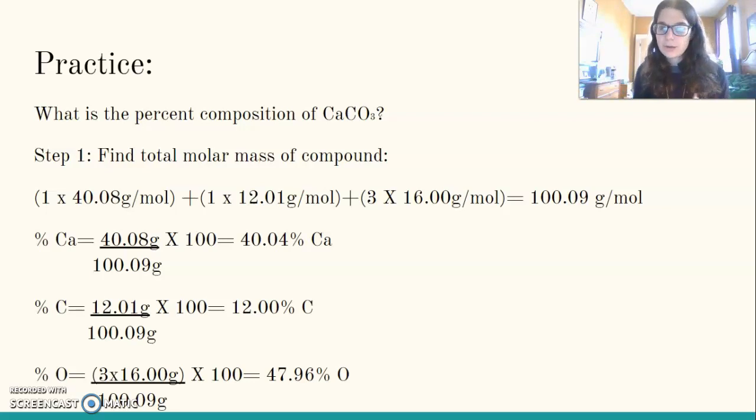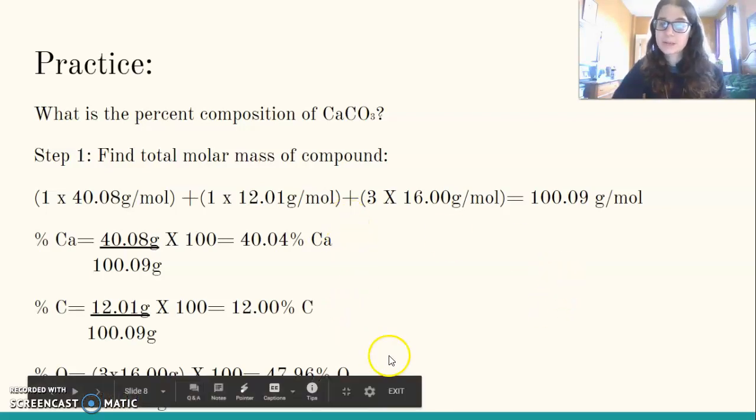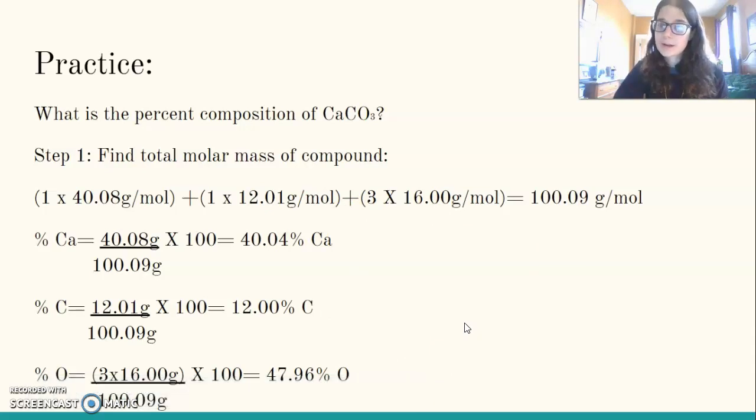I would just put what 3 times 16 is, which is 48. So it would be 48 grams over 100.09 grams. And again, multiply by 100, we would get 47.96% of oxygen. So this is what calcium carbonate is made up of based on the percent composition.